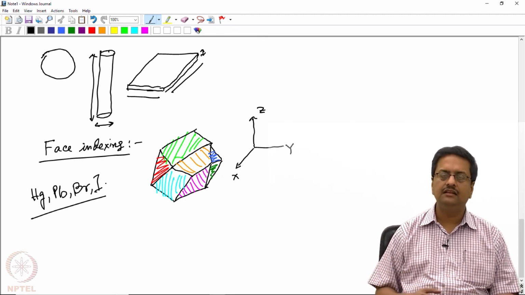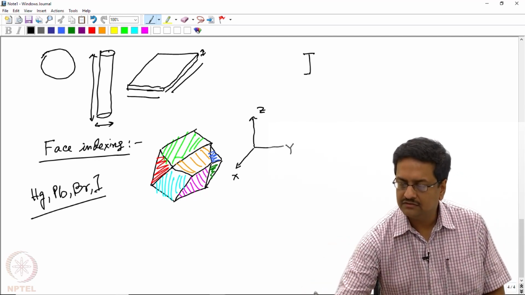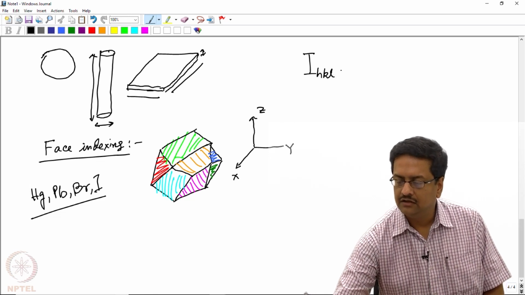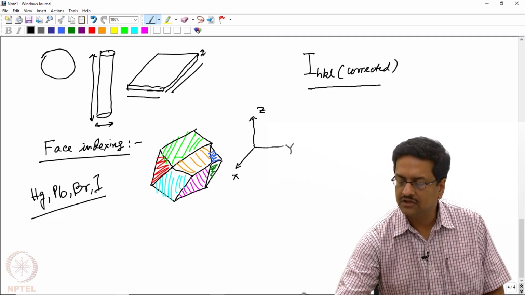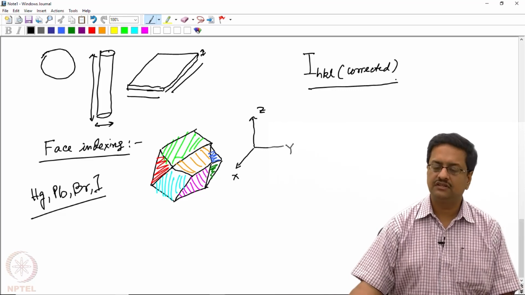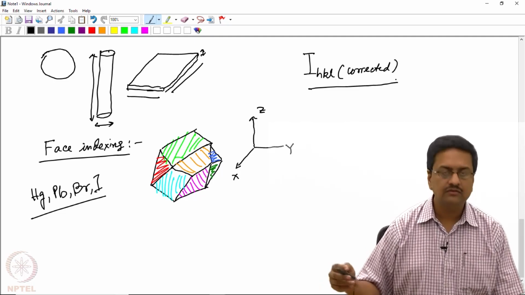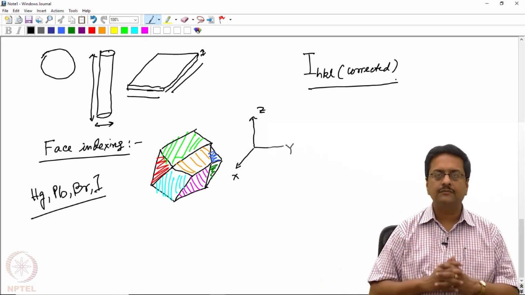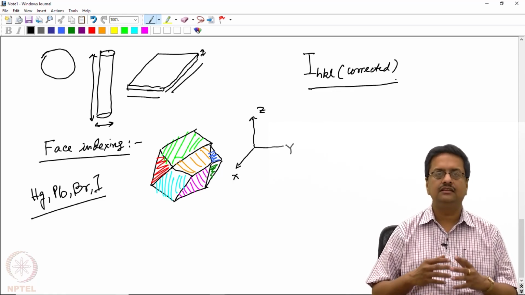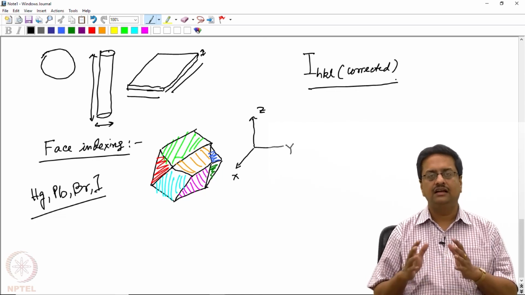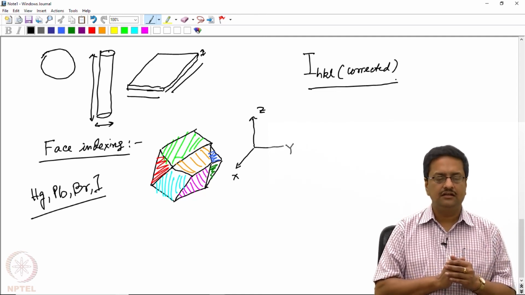So this will finally lead to a set of corrected HKLs. The I(HKL) will then be corrected for absorption, and it will then be used in the structure solution program for solving the crystal structure. So in today's lecture, we just learnt about some basics of data reduction. We have understood that the data that we are recording is highly dependent on some parameters on which the diffractometer is built.